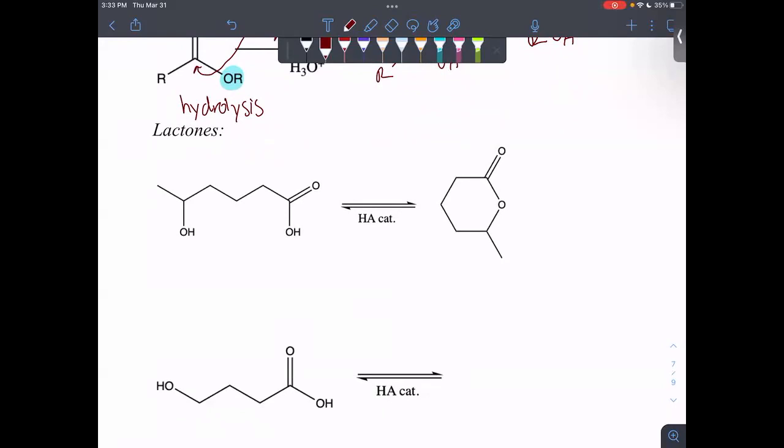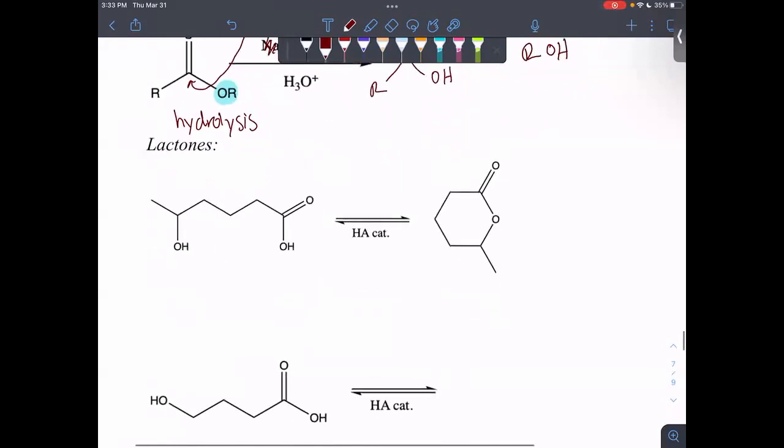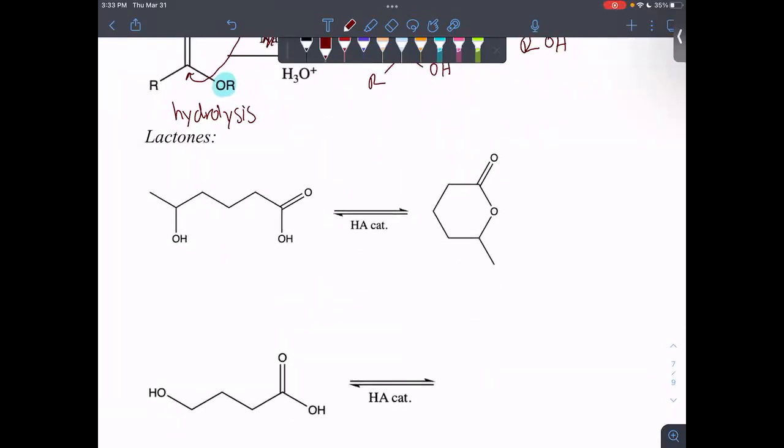So basically, this is the same thing that we did above. It's going to be ester hydrolysis or carboxylic acid hydrolysis, basically. What you're doing is forming a cyclic ester. To do that, you need an intramolecular reaction. So you need your nucleophile, this alcohol, and your electrophile, your carboxylic acid derivative, in the same molecule.